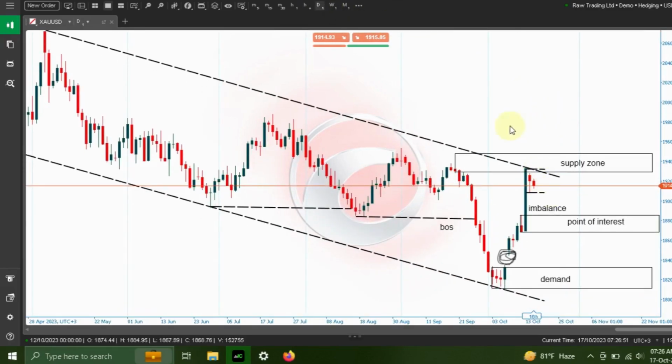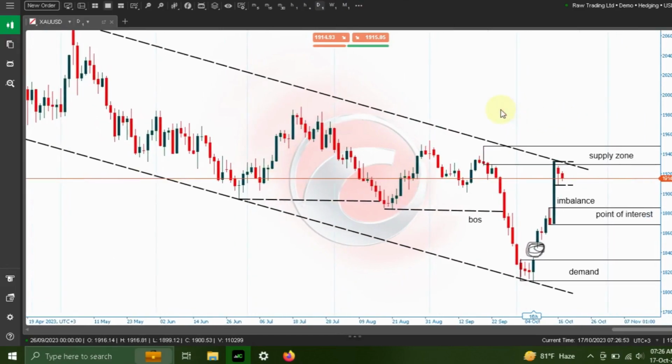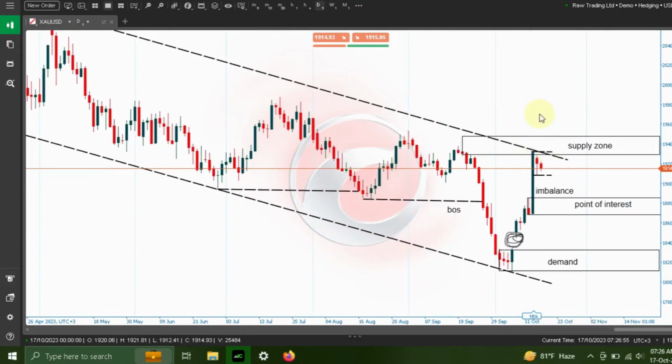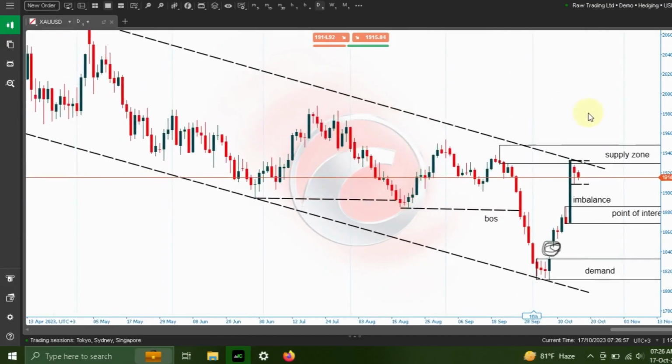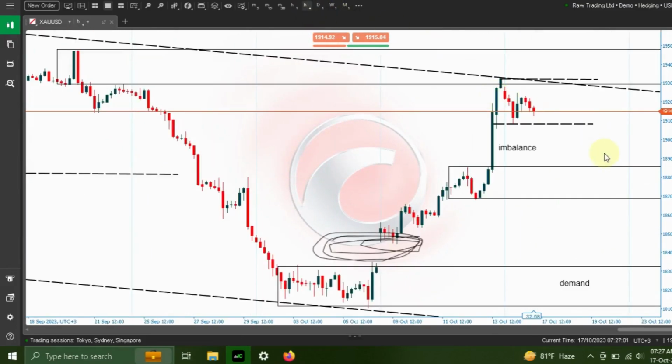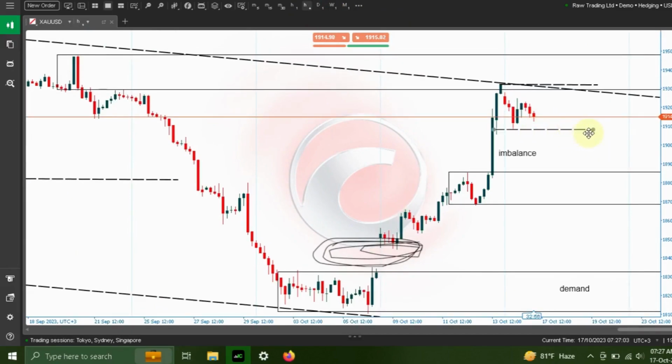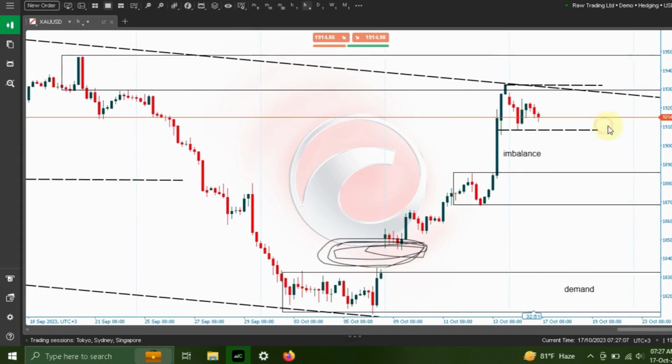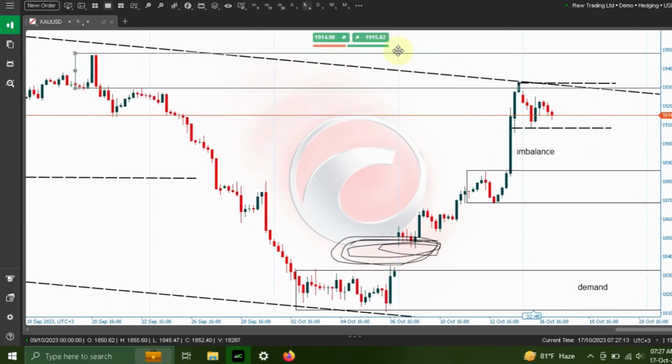So this shows that gold might be bullish. It will break this channel and become bullish. So on the 4-hour time frame, I will consider these two levels here. This side we call sell side liquidity, and this is buy side liquidity.